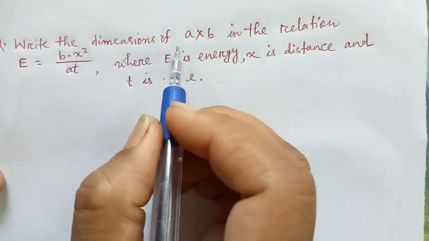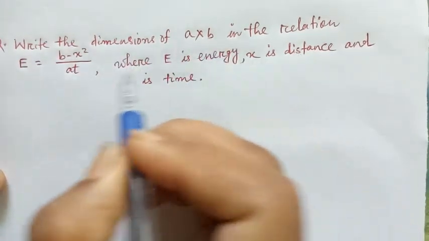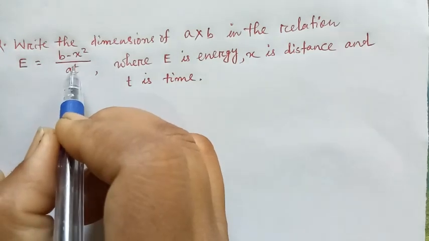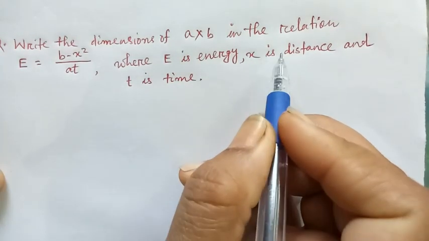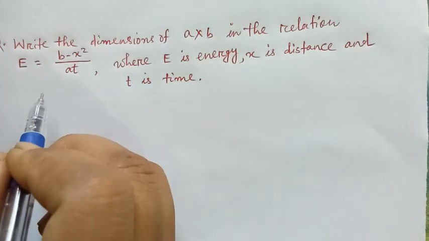Next, write the dimensions of A into B in the relation E = (B - x²)/(AT), where E is energy, x is distance and T is time.